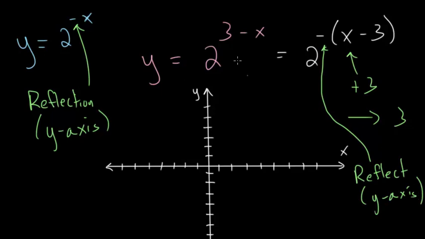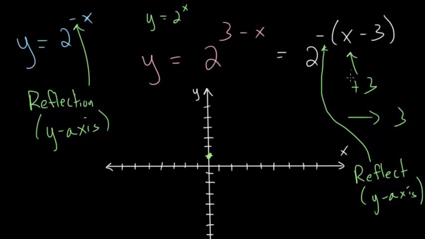So what I usually do with problems like this is I again think about my parent function. Remember, y is 2 to the x. And I know it goes through 0, 1. And basically, I want to figure out how this point transforms and how I end up with this function. So first of all, a reflection about the y-axis actually does not do anything to this because it's on the line of reflection.